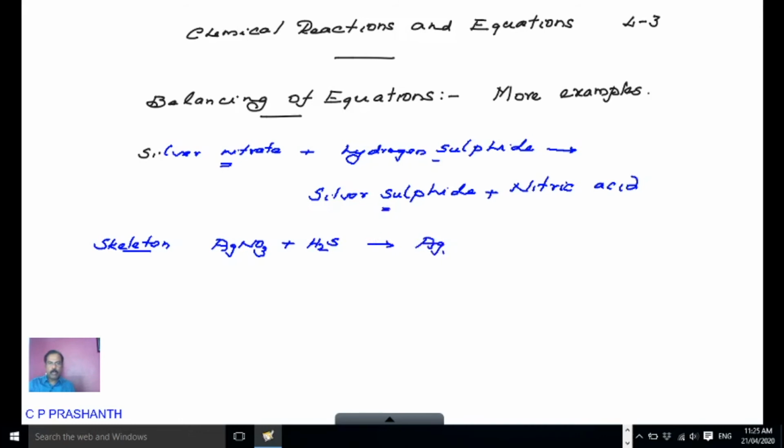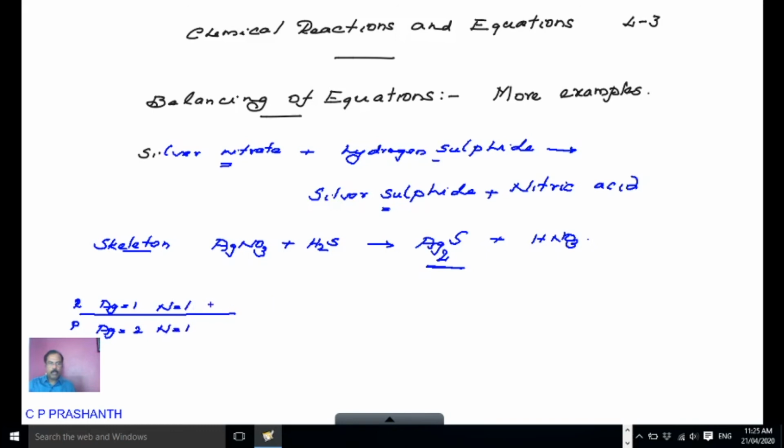And you get silver sulfide, which is Ag2S, plus nitric acid, HNO3. Number of silver atoms, you can see it is 1 on the left hand side, and on the right hand side it is 2.